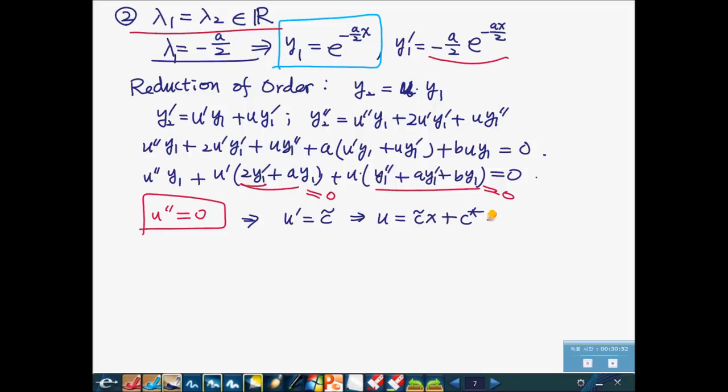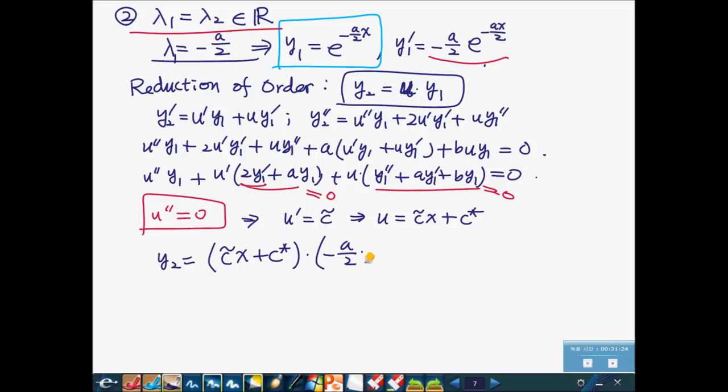Now, our y2 is u times y1. So we have u and we have y1. So ours is cx plus c star times e to the minus a over 2 x. Oh, sorry.